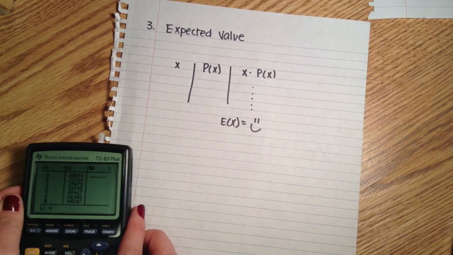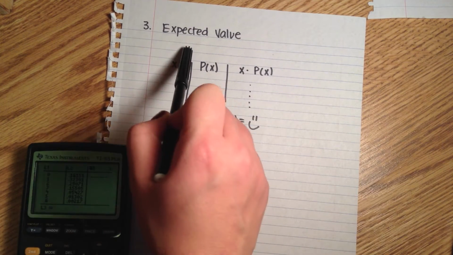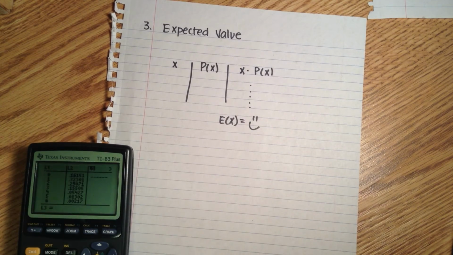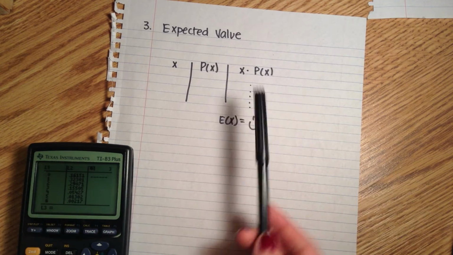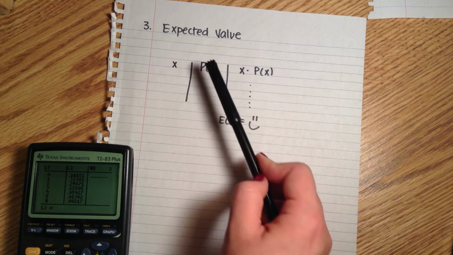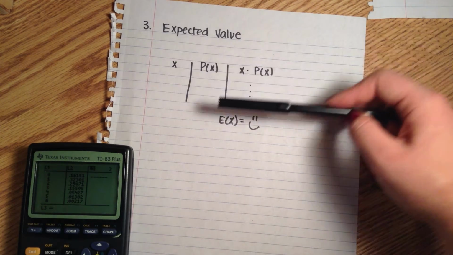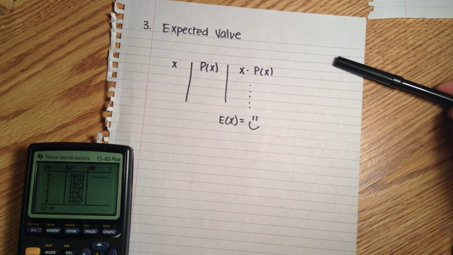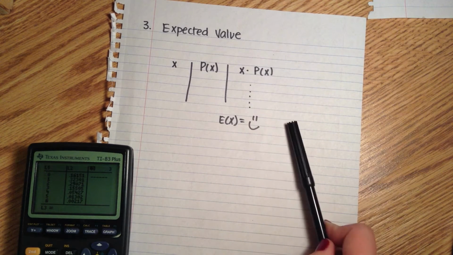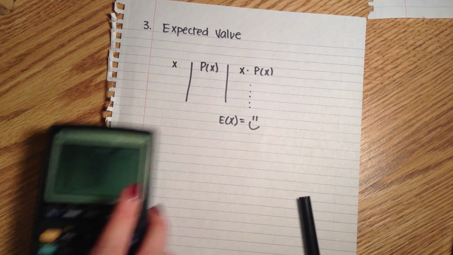So in class, a lot of the times we create these nice probability distributions where we have our random variable x column, we have our probabilities for our random variable x's, and then we have a third column where we take the random variable x, we multiply it by our probability, and then we fill in this column with x times p of x. And then at the bottom, we add them all together, and that gives us our expected value. So that's exactly what we're going to do.